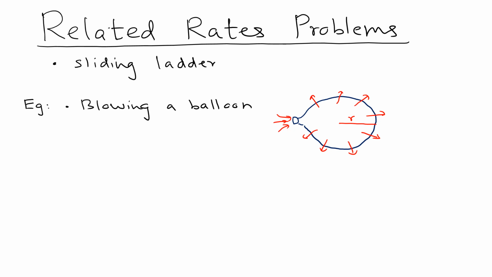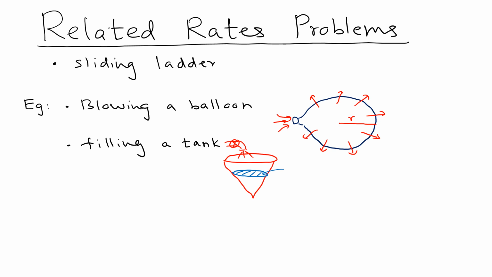As the next one, think of filling a tank. Let's say there's a conical tank, and we pour water into it. The water level increases, and you can see the radius of the surface actually changes.